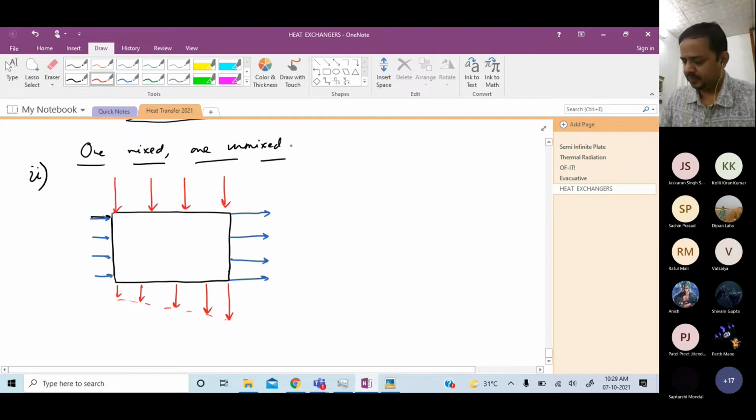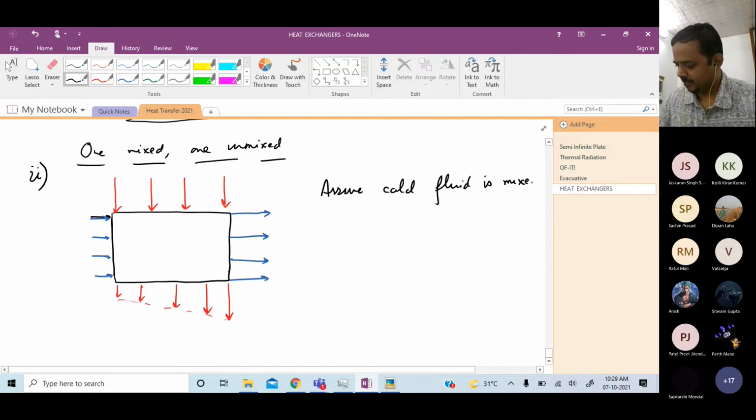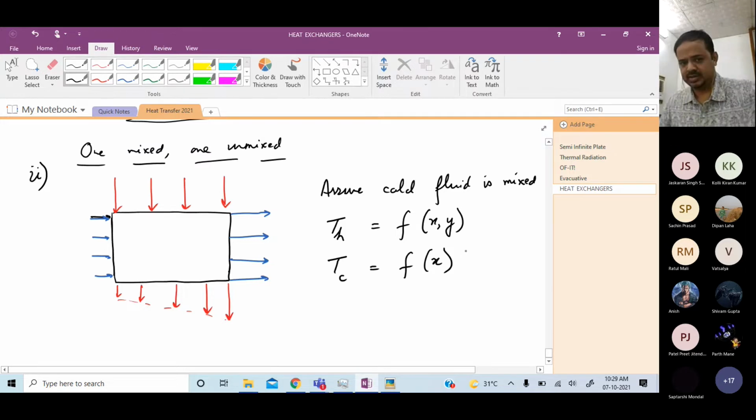So assume the cold fluid is mixed. Therefore, TH is a function of x and y, and TC is a function of x only.